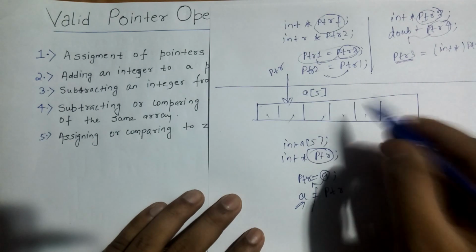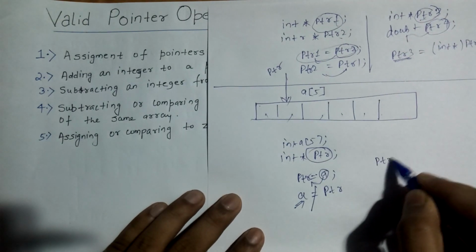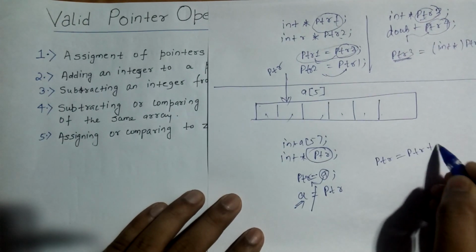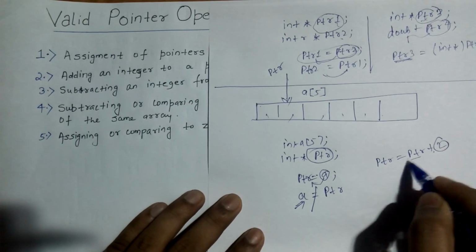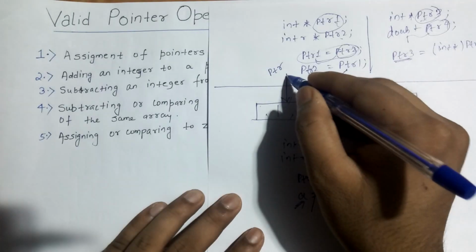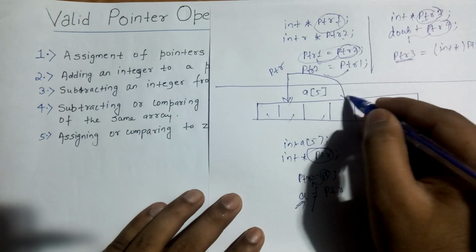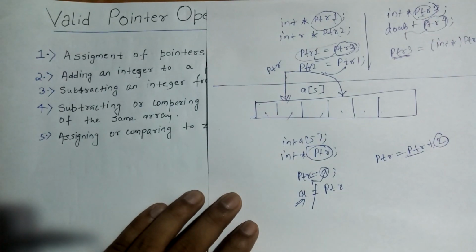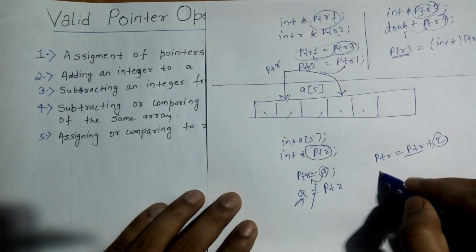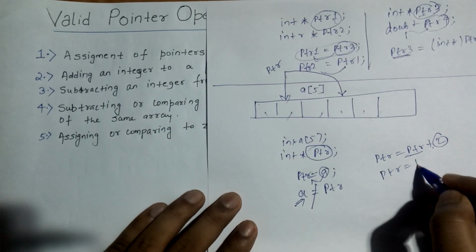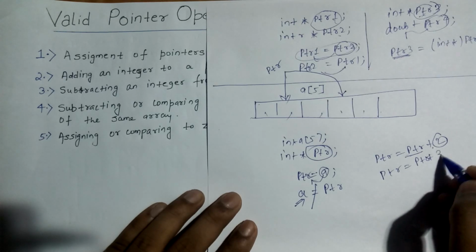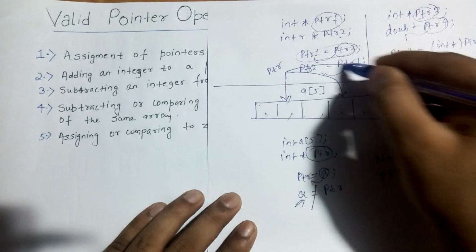Then if you do ptr is equal to ptr plus 2, that is, adding an integer to a pointer variable, you are now pointing to this memory location. And now if you do ptr is equal to ptr plus 3, then you are pointing to this memory location.